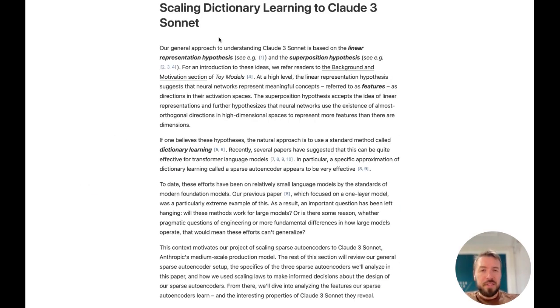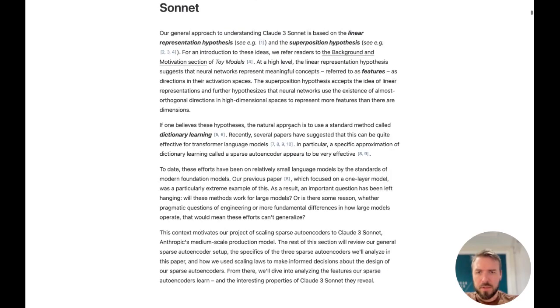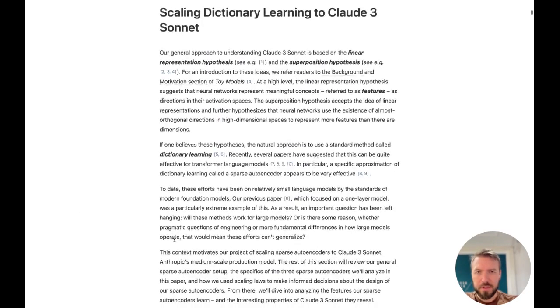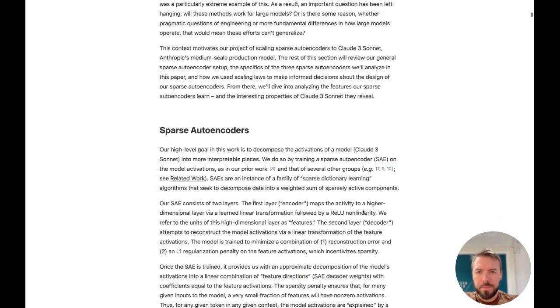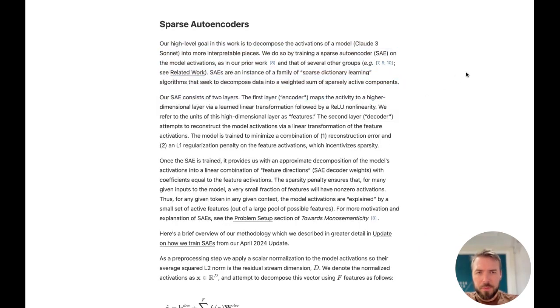Our general approach to understanding Claude 3 Sonnet is based on linear representation hypothesis and superposition. Okay, we went through this, right? SAEs were sparse autoencoders. Our high-level goal is to decompose the activation of a model into interpretable pieces.